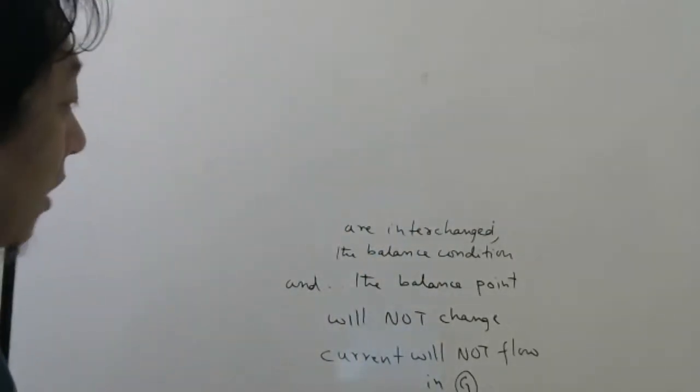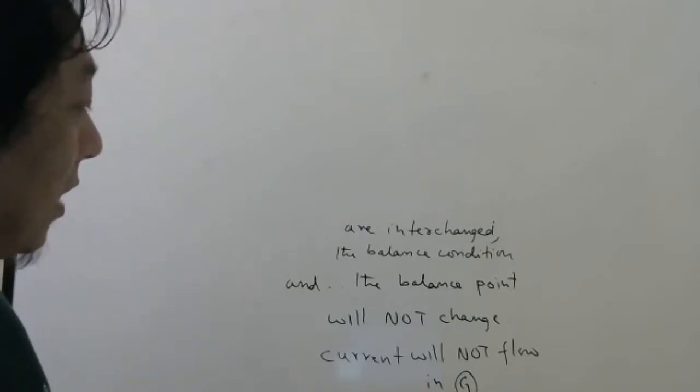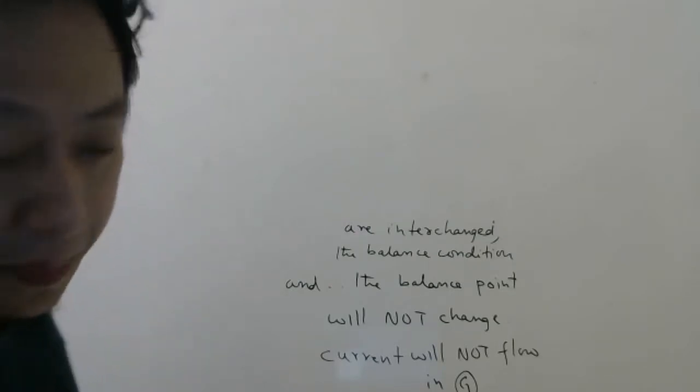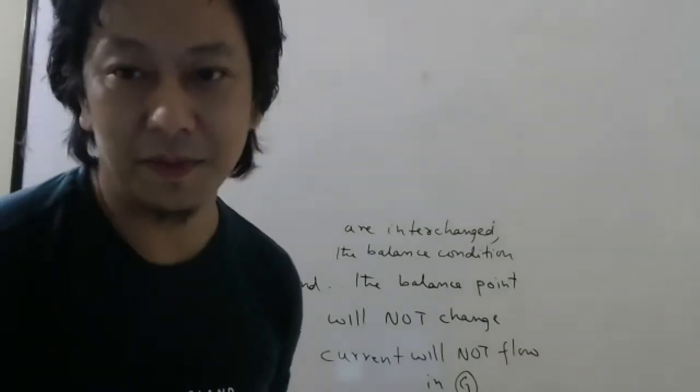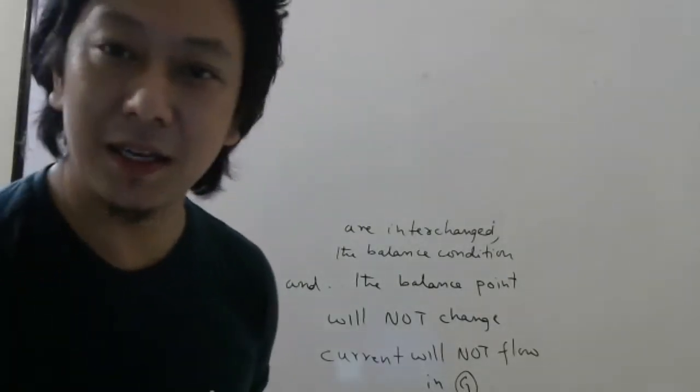If galvanometer and battery are interchanged, the balance condition remains the same. Therefore, balance length will be same. Therefore, no current will flow in the galvanometer.